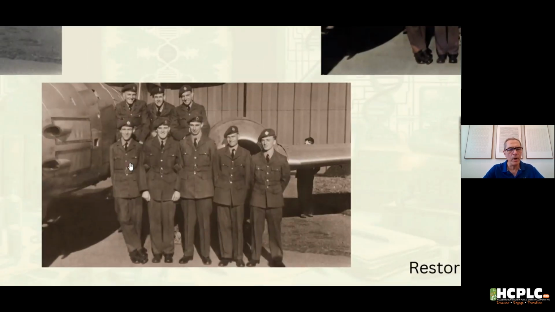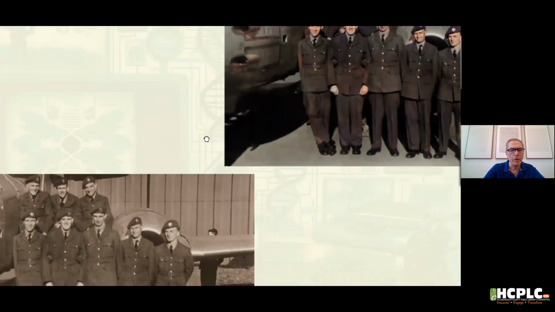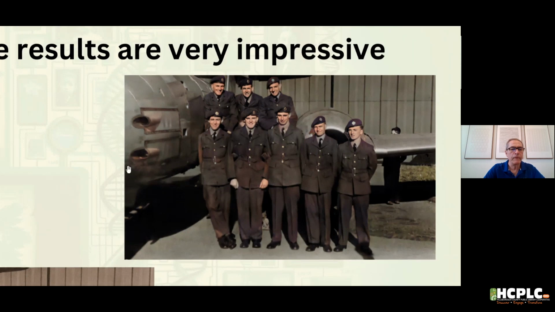So the way AI works now, artificial intelligence, it's seen millions and millions of photographs. So it knows how to stitch back together the missing parts of a photograph. So it basically restores the photograph by digitizing it out and digitizing it back in. And this is really just based on learning. And then we can colorize the photograph. And having been in the Air Force myself, I can tell you the uniforms and the shirts and the berets and everything are exactly the right color.